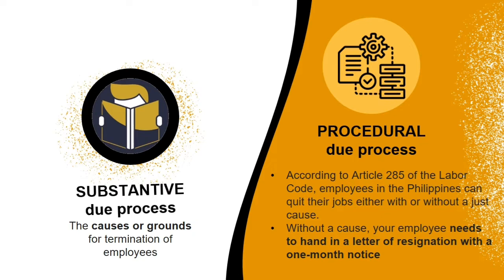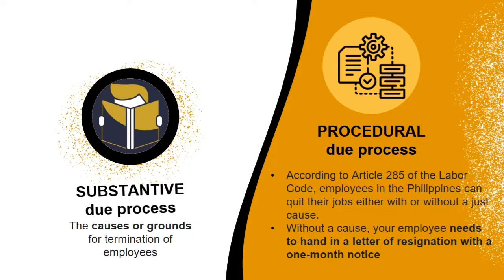If they do not submit a notification, you can charge them for any concurrent damages. So again, class, for just causes of termination, procedural due process requires 2 written notices and an ample opportunity for the employee to be heard.